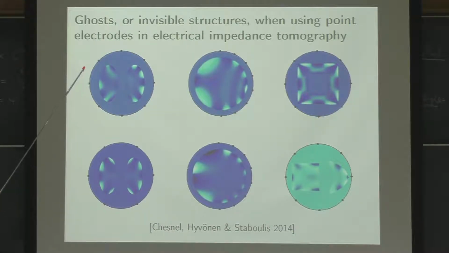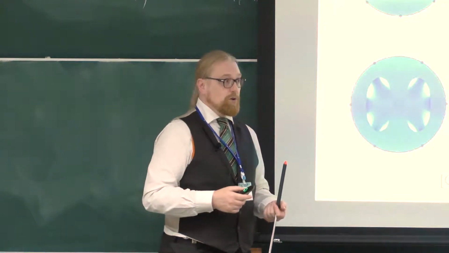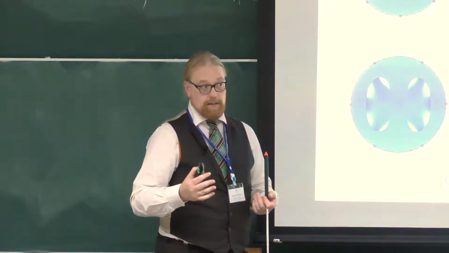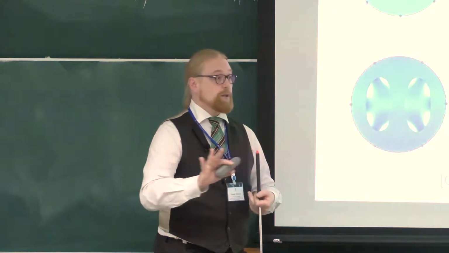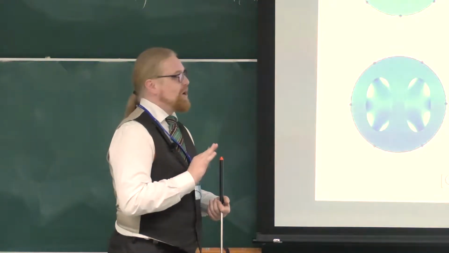For this theory to work, they assumed point-like electrodes. With a finite number of point-like electrodes, they could define many kinds of conductivities that give the same measurement as a homogeneous background. So these are ghosts in EIT. So with practical data, we don't have uniqueness, we don't have existence, and we don't have stability. All of Hadamard's conditions fail. It's quite a hard problem.